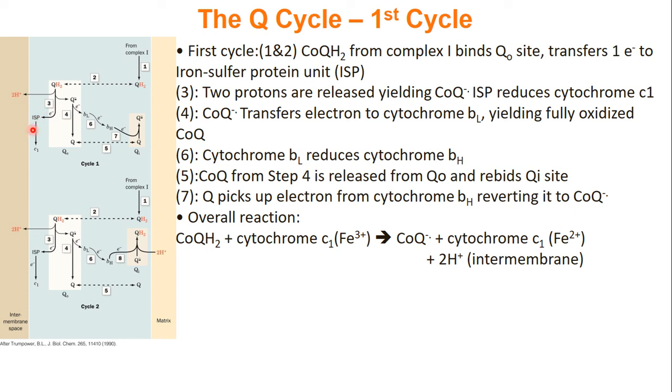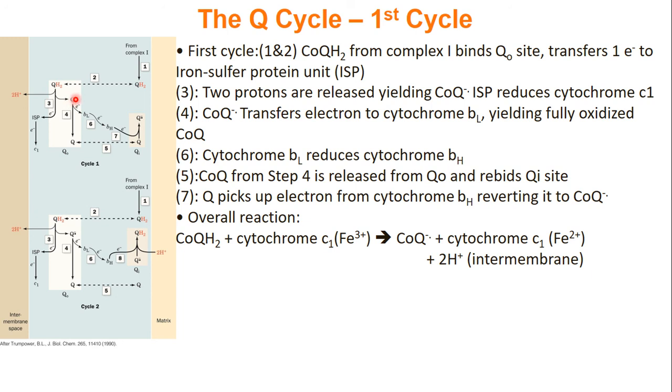This electron can then go to cytochrome C. Cytochrome C can go on to complex 4. Now, when we lose this electron, we also will pump out 2 hydrogens into the intermembrane space. And we're left with our coenzyme Q that has an extra electron, our radical.